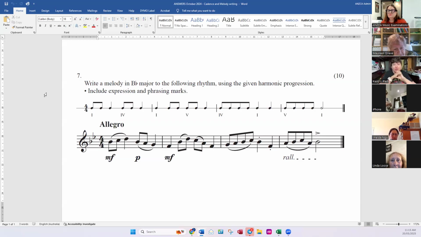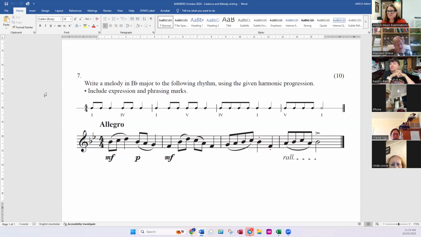Cynthia makes a very good point. There are 2 climax notes, and the first one is in the first bar. Yes, there are. I would say that probably in this case they're not used as climax notes.